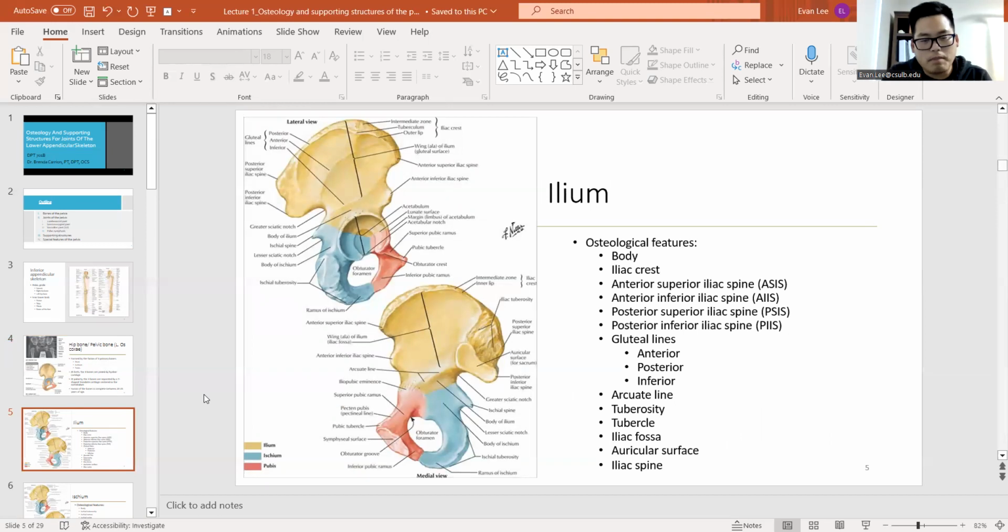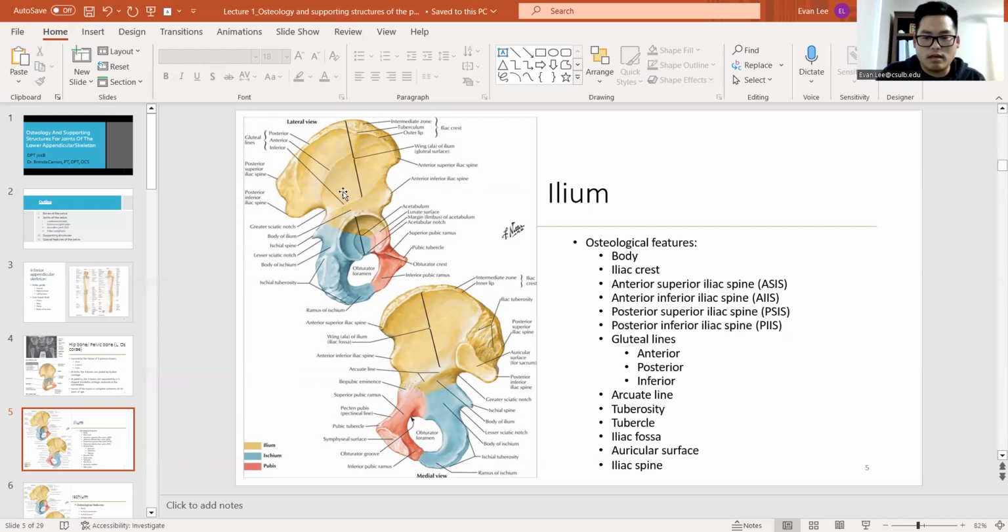Now our first part of the coxal bone that we'll look at is called the ilium. And the ilium is probably the one that's, well, it's the biggest and it's the most prominent part of the coxal bone. So to get started, this middle portion of the coxal bone where everything kind of extends off of, that's very, very generally called the body of the ilium.